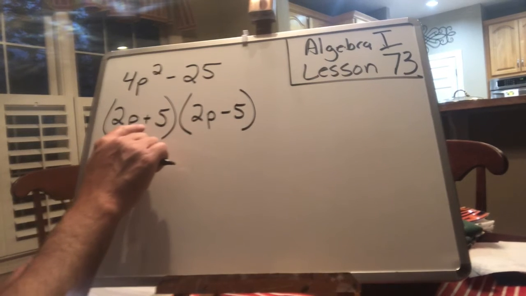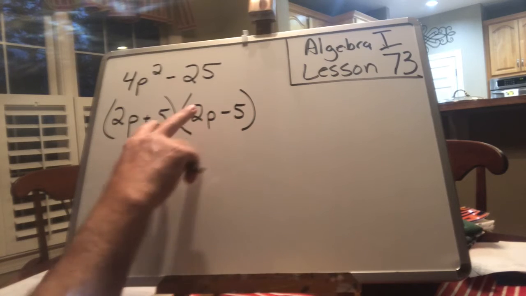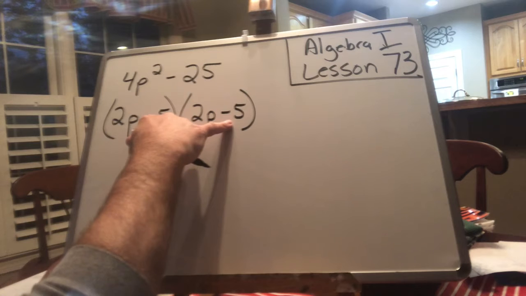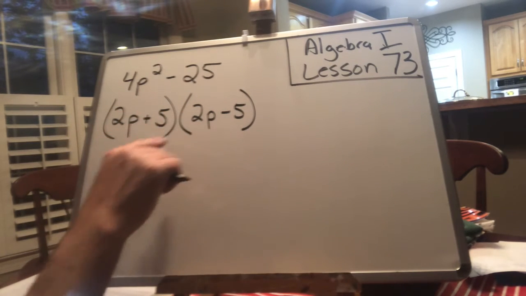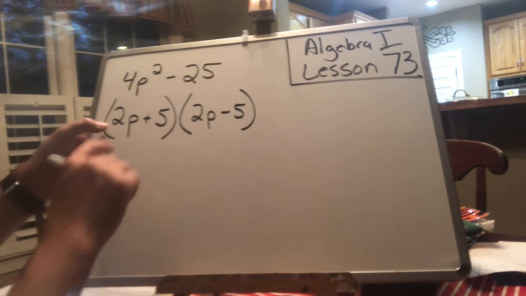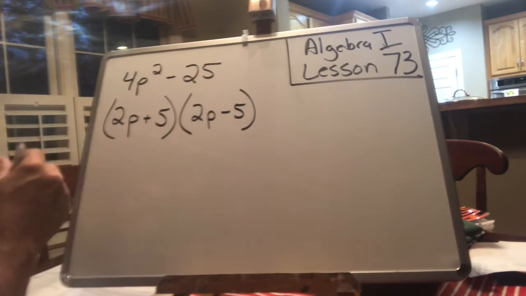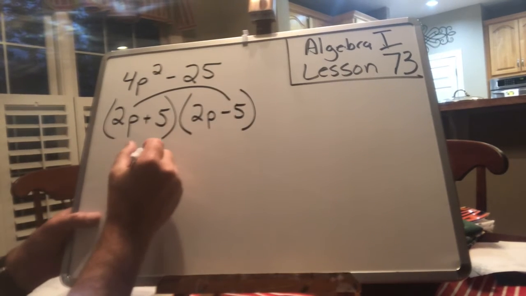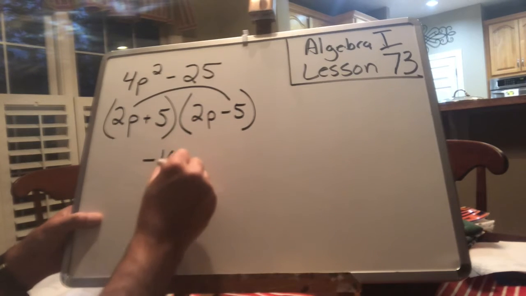Now you can notice one of these is positive and the other one is negative. And we know that if we multiply a positive and a negative together, we're going to get a negative. So what happens to the middle terms? Well, if I multiply 2p times 2p, I get 4p squared. If I multiply 2p times negative 5, I'm going to get negative 10p.